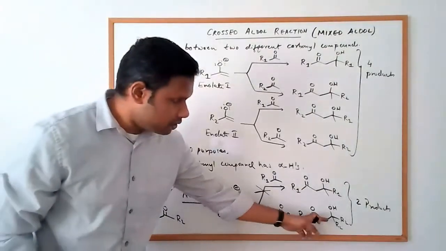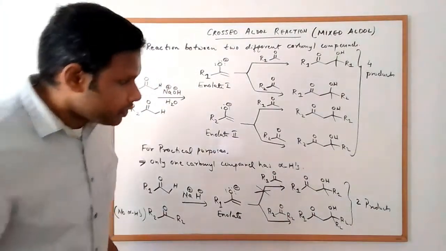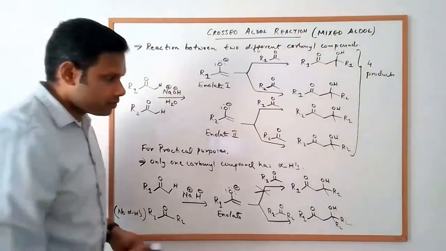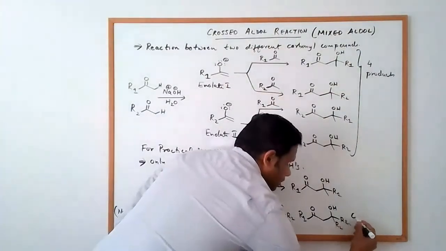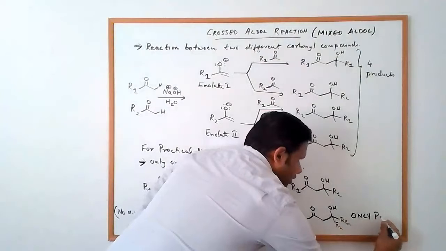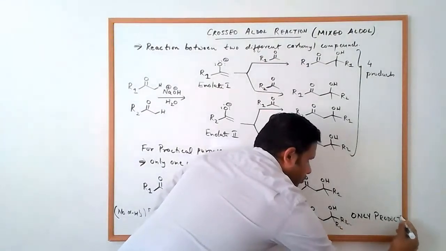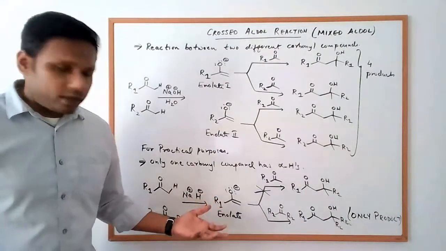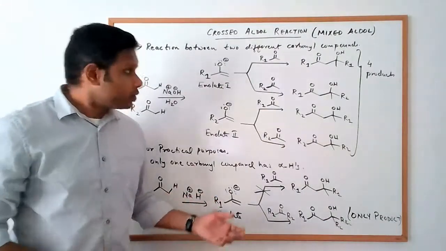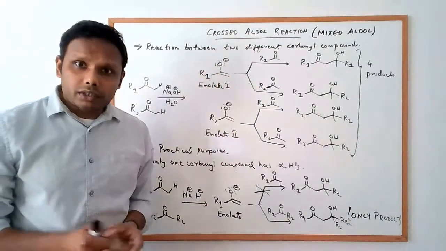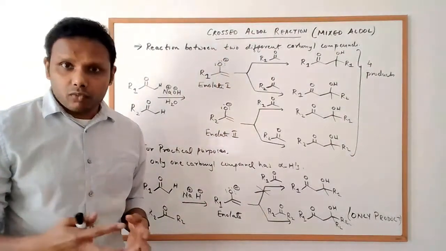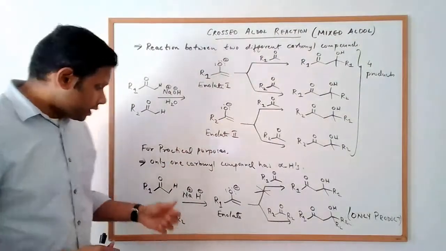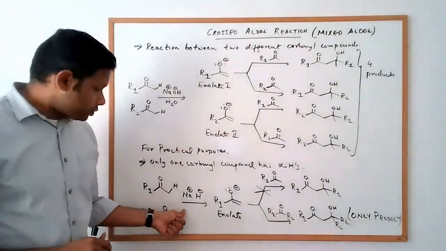And so essentially, under these conditions, this will be our only product that will be formed, okay? So that is the best way to run a crossed-aldol reaction, so that you can avoid the formation of multiple products by using a strong base.